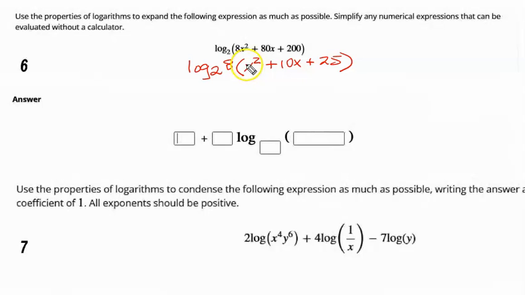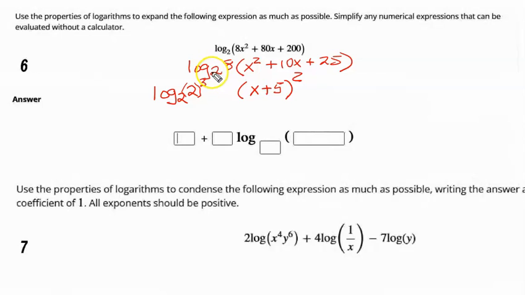Well, this is a perfect square trinomial, that will factor into x plus 5, the quantity squared. Okay, so we're going to get log base 2. Now 8 is actually 2 to the third power.